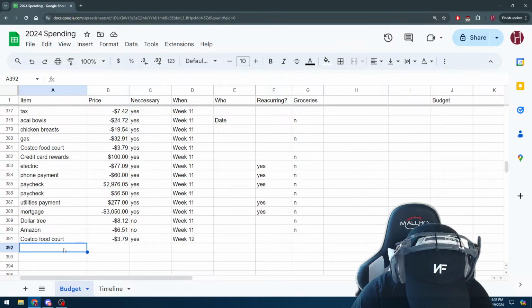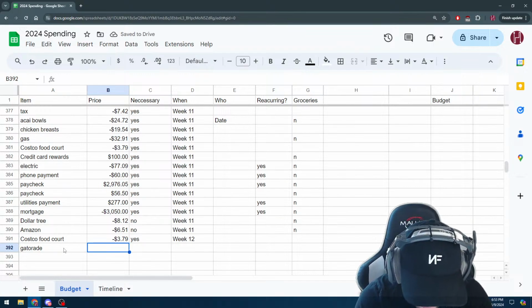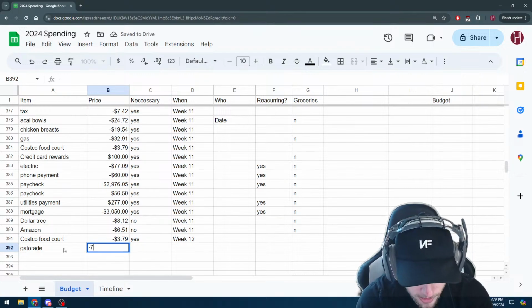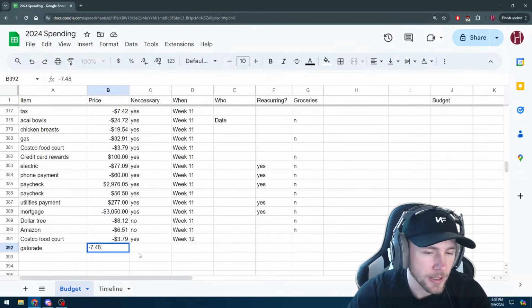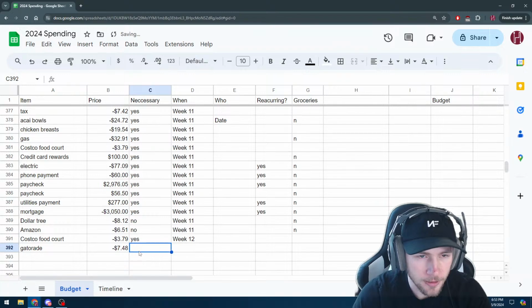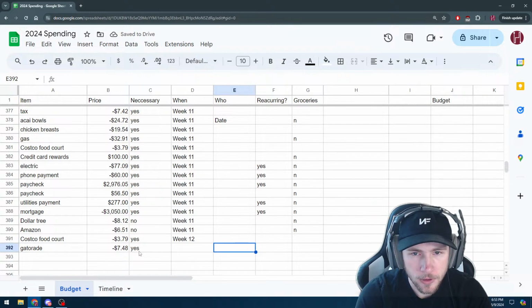Okay, we got a big list of groceries here. First up is Gatorade at a whopping $7.48. I wish my keyboard had a number pad, but it does not, unfortunately. We can copy down the week after I finish these.